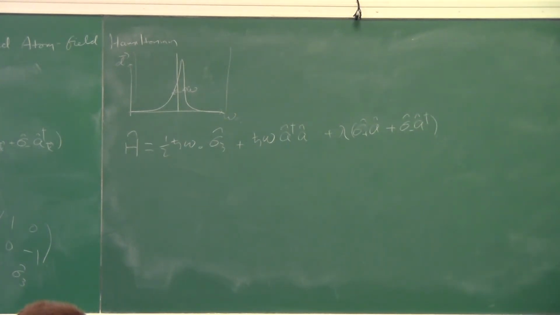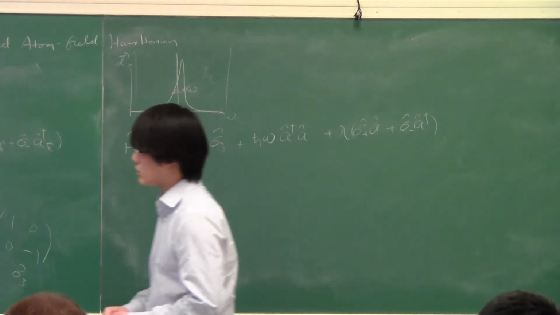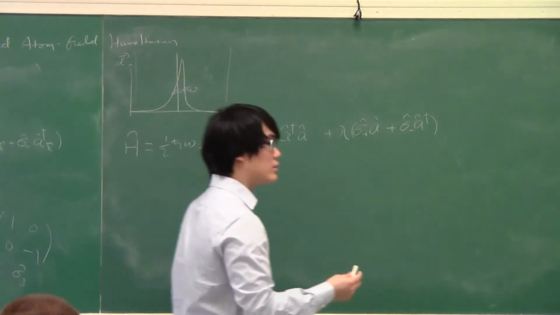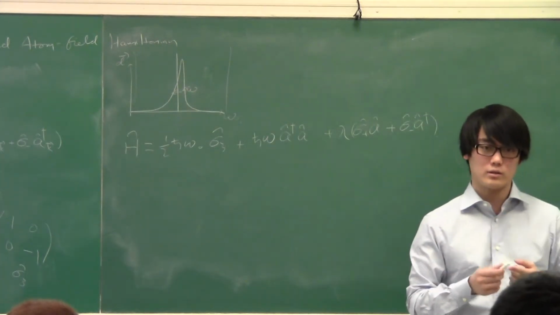The Jaynes-Cummings model is very popular because it's quite simple. But remember that there are a bunch of approximations that we did in arriving at it, and that limits its applicability to very general problems. What are the approximations that we used?